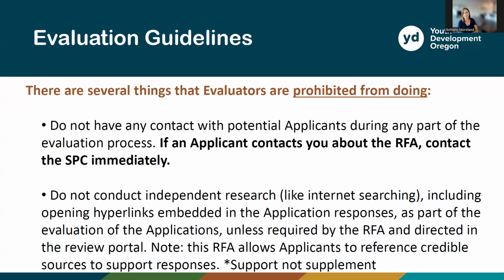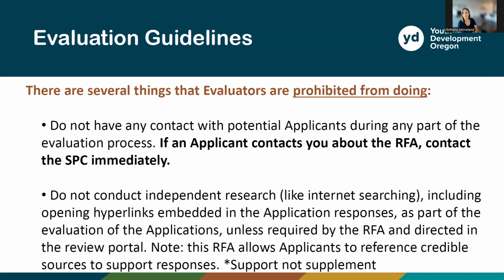Second bullet point is do not conduct independent research like internet searching. That includes opening hyperlinks embedded in the application responses as part of the evaluation of applications, unless required by the RFA and directed in the review portal. So an important thing to note here is that the RFA does have language which allows applicants to reference credible sources to support their responses, but the keyword is support and not supplement.